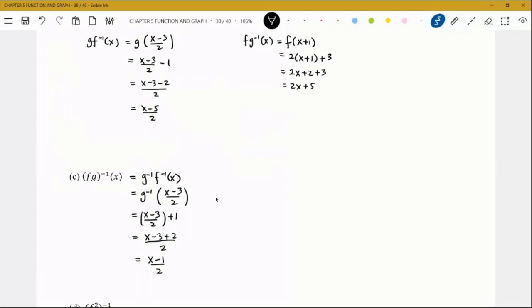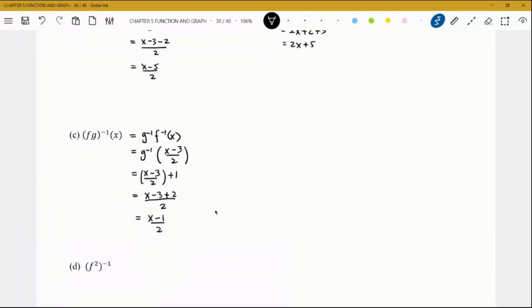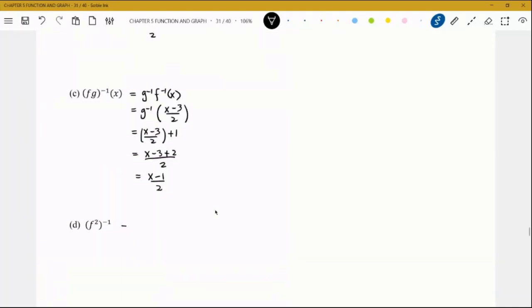Okay, and then part D. Part D pun sama juga, dia pakai properties of inverse. Apa properties dia? Kalau kita ada F square inverse, F inverse square. So this one we can change to be F inverse square. Bermaksud F inverse masuk ke dalam F inverse. So F inverse kita adalah X minus 3 over 2. So we substitute the X minus 3 over 2 into itself.